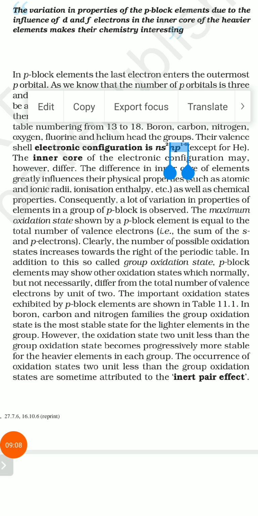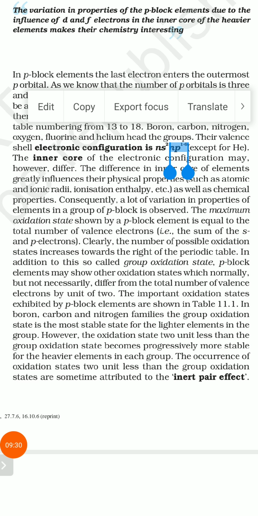That is the 13th group. Next, the carbon family: the 14th group elements are ns2 np2. The 15th group elements are ns2 np3. The 16th group elements are ns2 np4. The 17th group elements are ns2 np5.